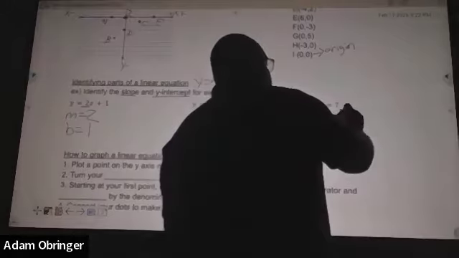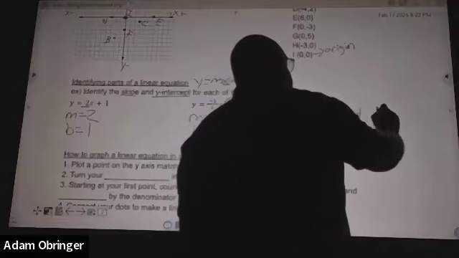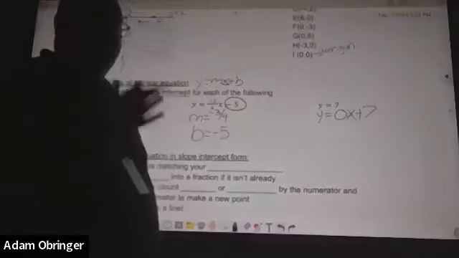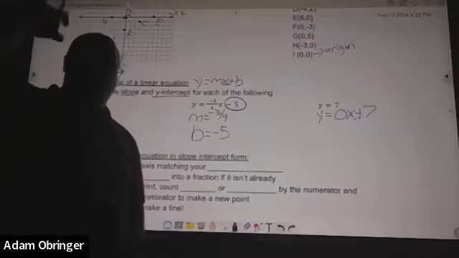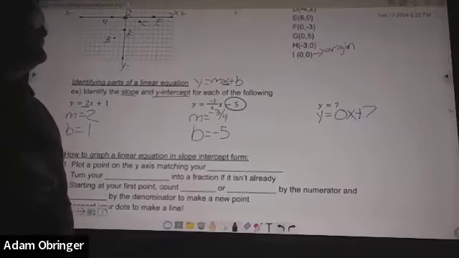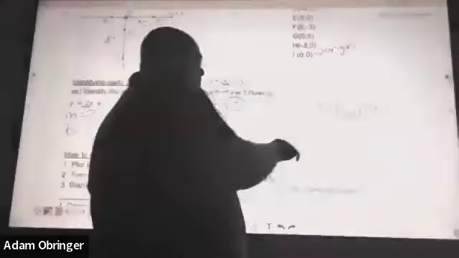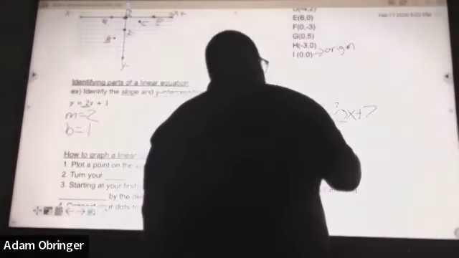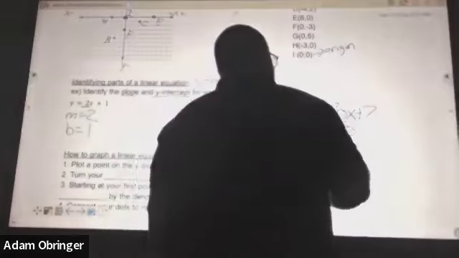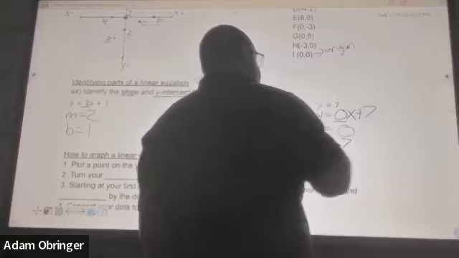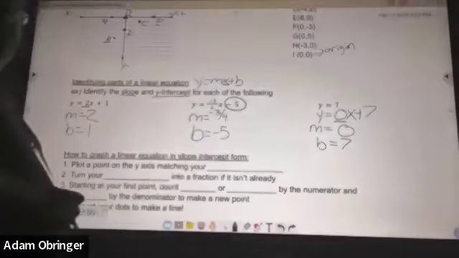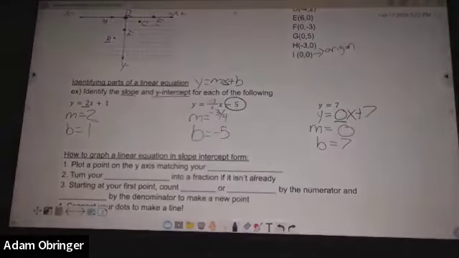I can write it as y equals 0x plus 7. At any point in time, you can throw in a 0 for something that's gone. Well, now that I've got my parts, I can label out m is 0 and b equals 7. So that's how you pick out the values of your equation to represent slope and to represent y-intercept.